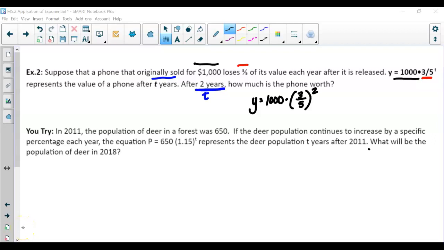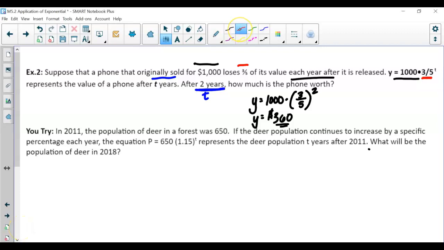And so when you put this in the calculator, you should get that y is equal to, or the phone is going to be worth how much? $360, which makes sense because it started at 1,000, but it's losing its value over time. So now it's going to be worth $360. So go ahead and pause the video now and try the you try on your own.